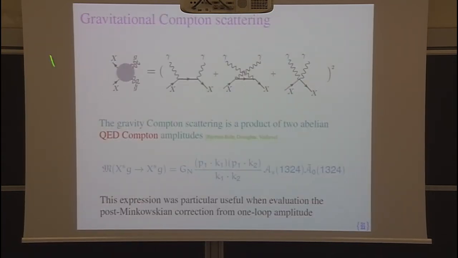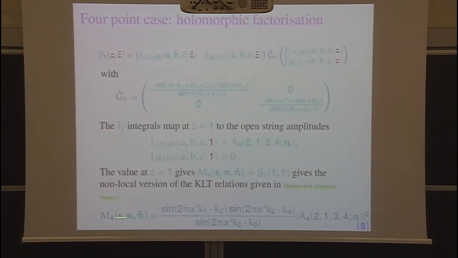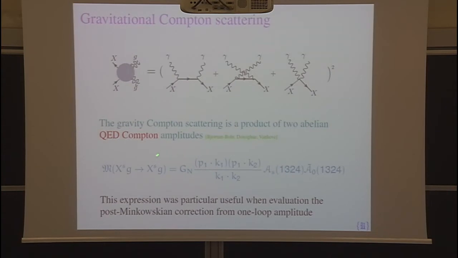The thing that I find very interesting is that this monodromy consideration leads naturally to that non-local version of the KLT formula, if you want, which is actually something that we used when we were computing this gravity amplitude. So suppose you want to compute the emission of two gravitons from a scalar, from a massive particle.